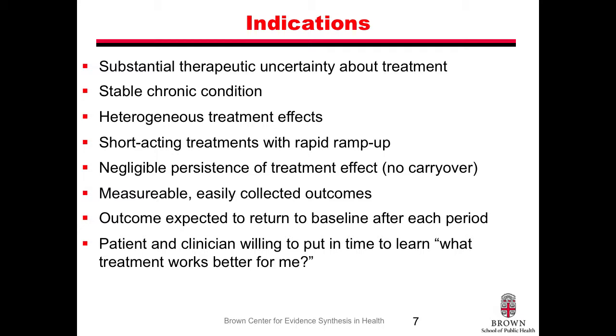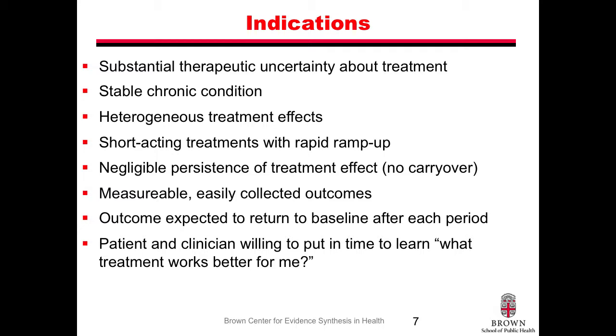If you have a medication which takes a while to take effect, for example, a lot of antidepressants take 5 or 6 weeks to have full effect, then it's going to take a long time to judge the efficacy of those treatments. You have to have a negligible persistence of the treatment effect, meaning you don't want a drug that has a long half-life and stays in your system. So you don't want any carryover from one period to another.